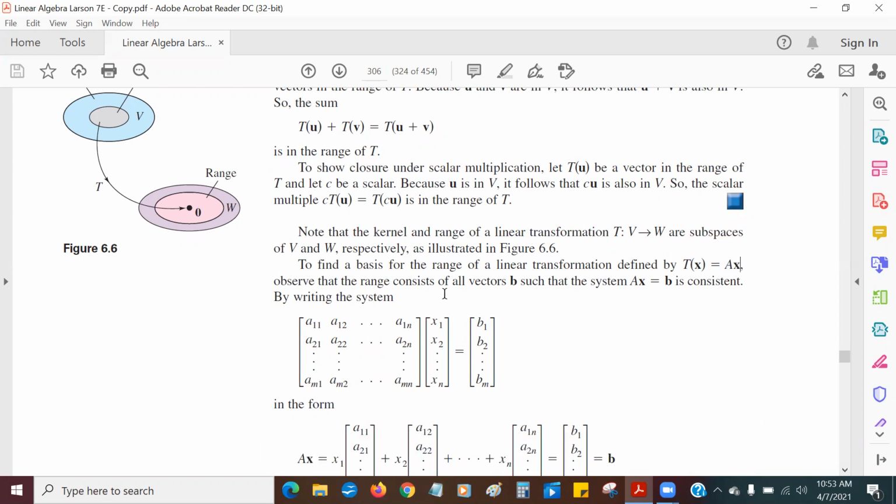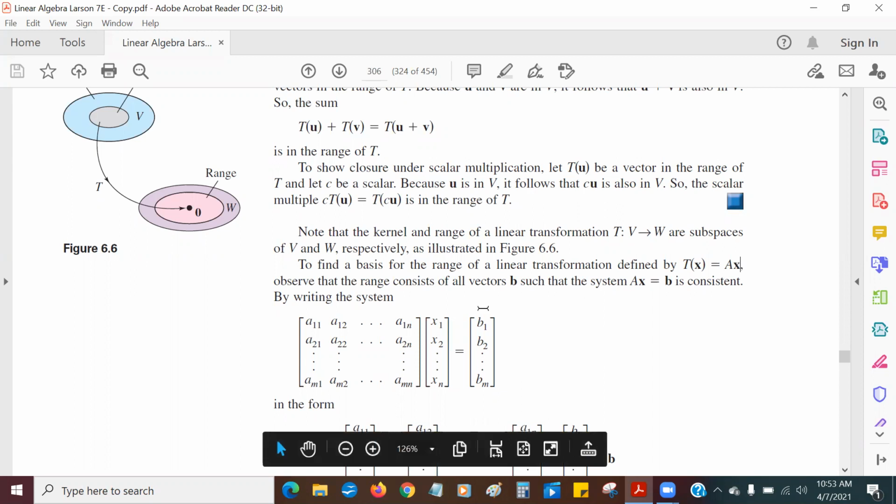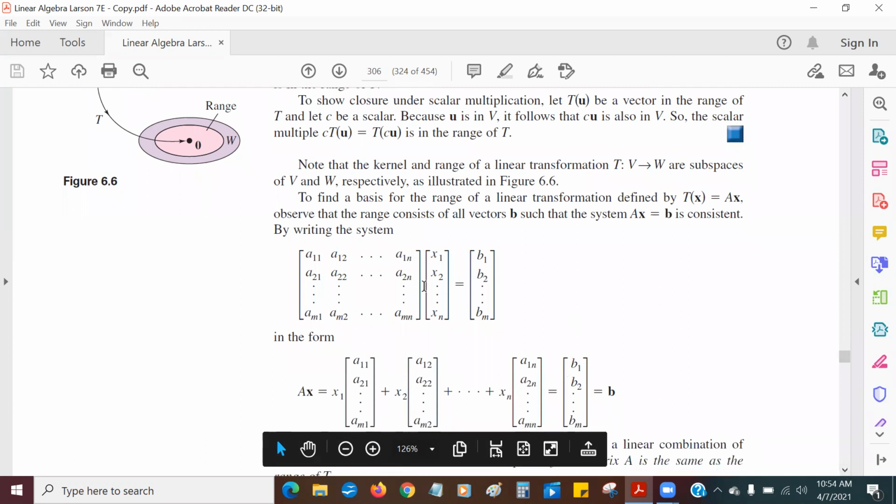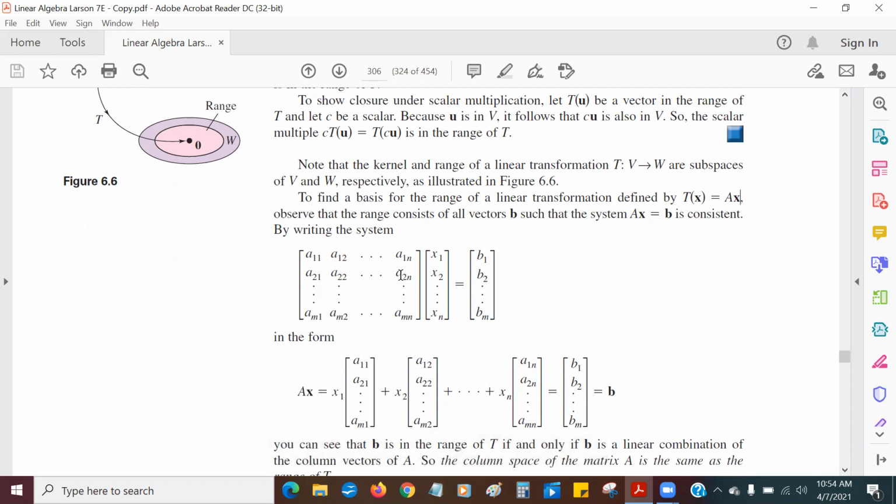So the range is all vectors B such that the system AX equals B is consistent. And so basically all the possible B's I can get out here, that's going to be my range. So let's take a look here. Now remember, A is a fixed matrix. So all these entries A1, A2, A22, whatever, they're all fixed numbers. But X1, X2, Xn, these are variables.